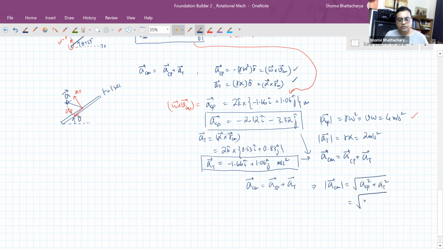So that we can calculate without using the entire vector analysis. Second square. So this is a magnitude. But if you want it as a vector, we'll have to add these two component vectors.